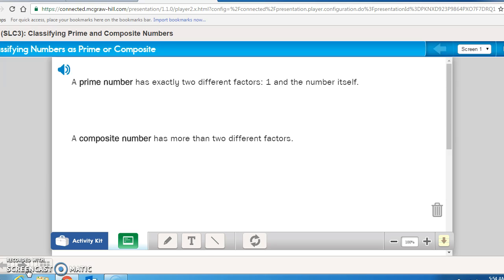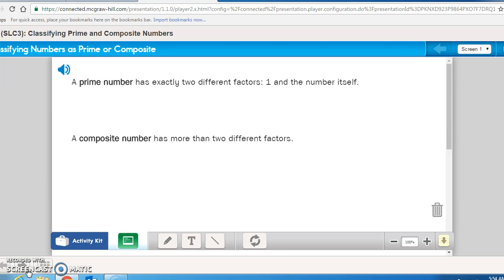Again, remember when we compared the two lists? Each number on the left side had exactly 2 factors, one and itself, and those were the numbers 2, 5, and 11. And the other numbers, 4, 10, and 16, had more than 2 factors.